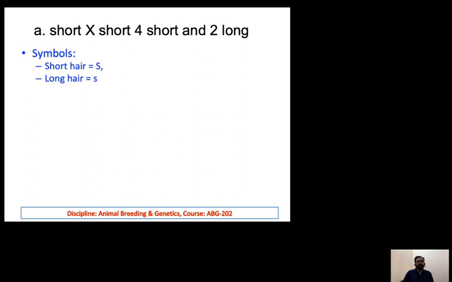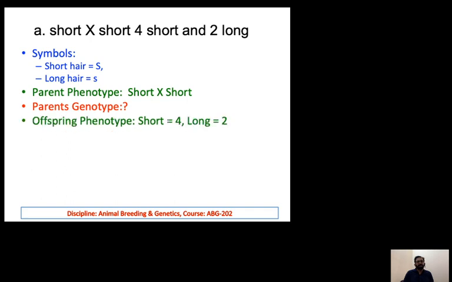So short hair, it is dominant and indicated by capital S. Long hair, this is recessive and indicated by small s. Now parents phenotype short is crossed with the short, and genotype, this is what we need to determine. The offspring phenotype, we know there are 4 short and 2 long offspring.